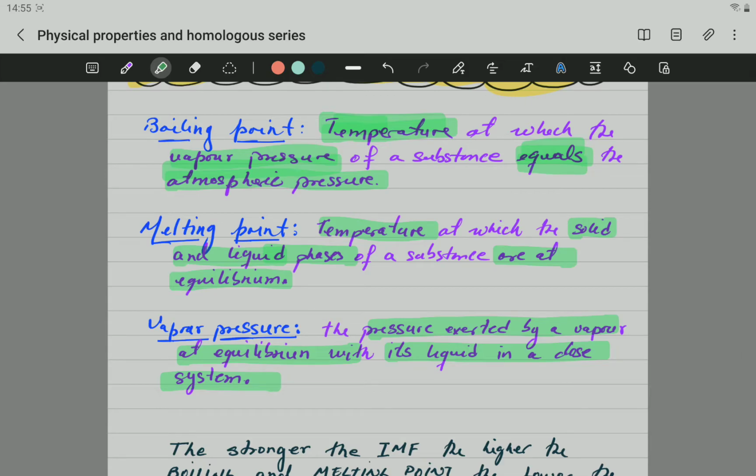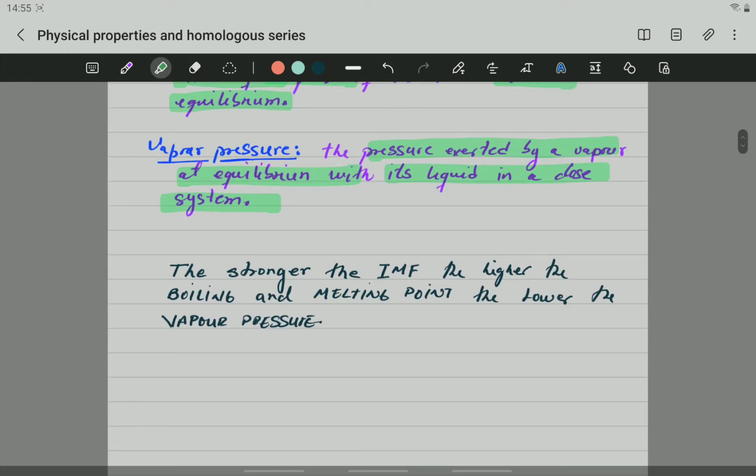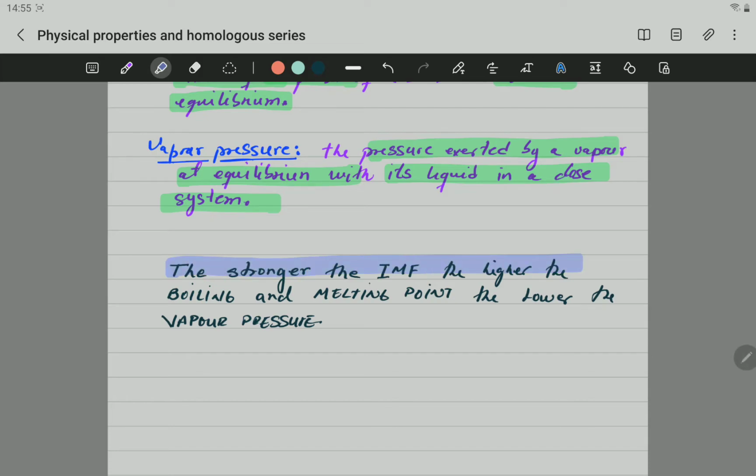Now, what is the next very important thing? I guess it might be the most important part in this specific video. You have to learn that the stronger the intermolecular forces, the higher the boiling and melting point, and therefore the lower the vapor pressure.